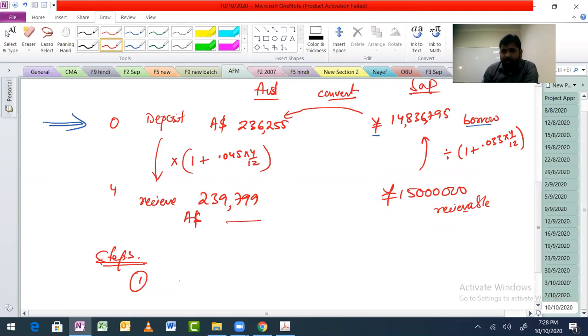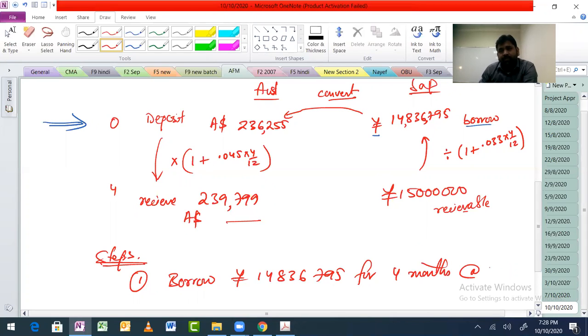Fine. So step one, as I always say, borrow. Borrow how many yen? 14836,795 yen for 4 months at the rate of 3.3% per annum. Fine. First point.